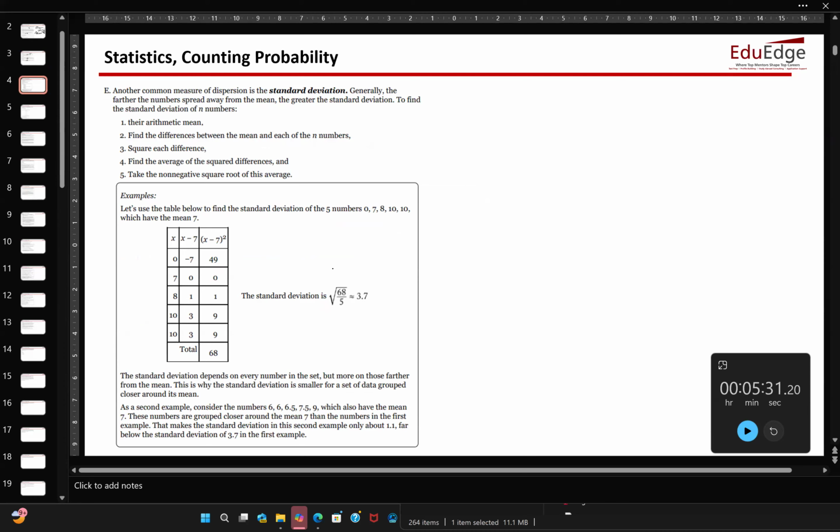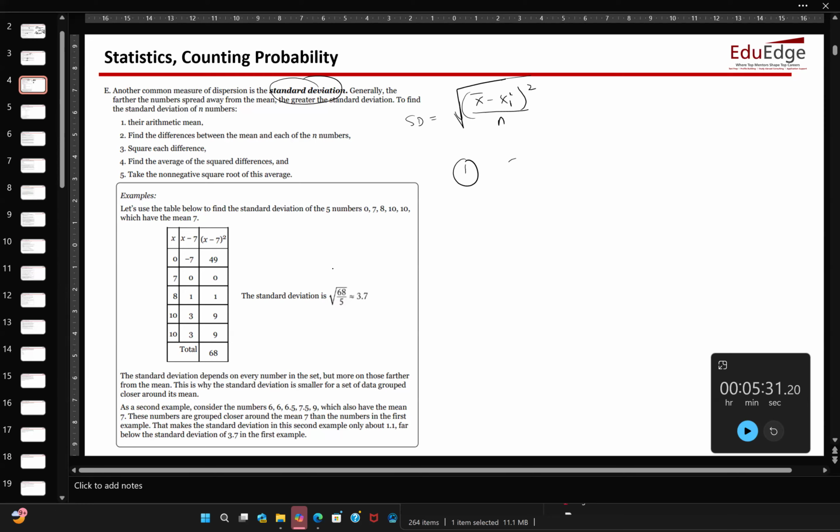Standard deviation is the dispersion from the mean square. So it is the root of the sum of (x bar minus xi) whole square, divided by n, root of the whole thing. So that's your standard deviation. A few things to remember.